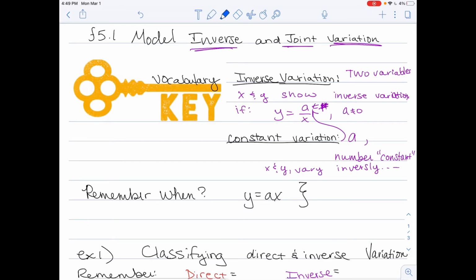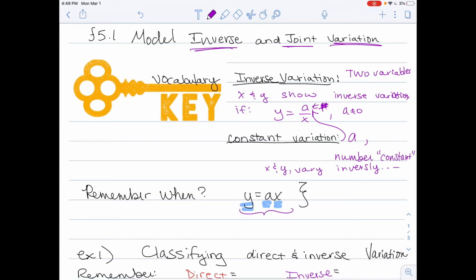Remember way back when we learned these other kinds of variation functions, where some number times x equals y. This could be, let's say you go to the dollar store and buy 20 pencils. We know the cost was $1 per pencil, so the cost goes up as you buy more, right?